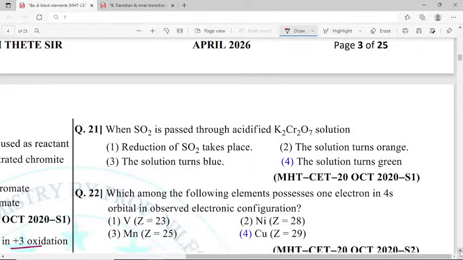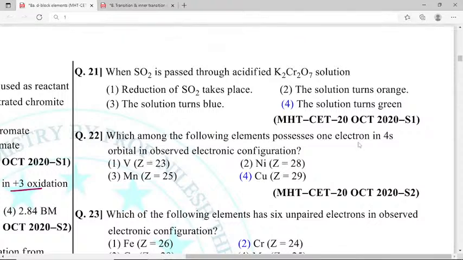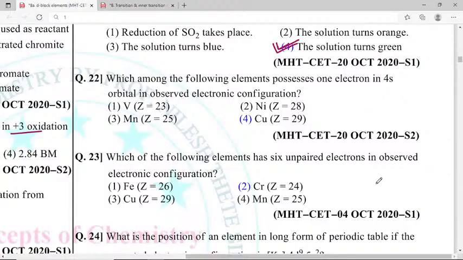When SO2 is passed through acidified K2Cr2O7 solution, the solution turns green. Straightforward question. Which among the following elements possesses one electron in 4s orbital in observed electronic configuration?